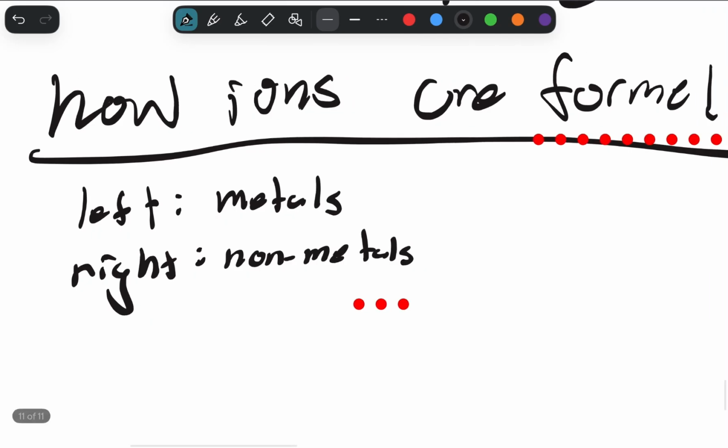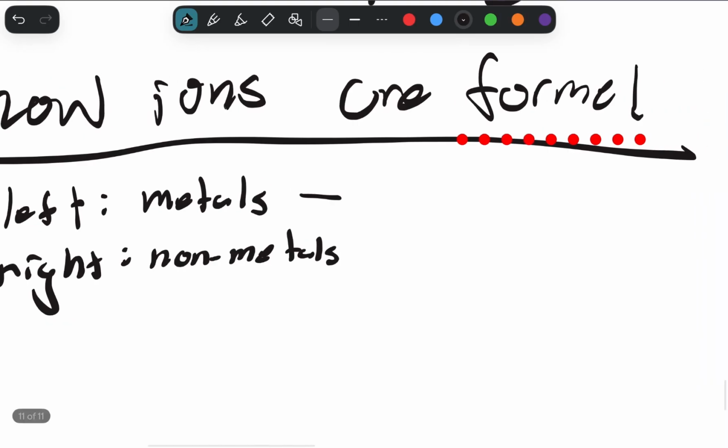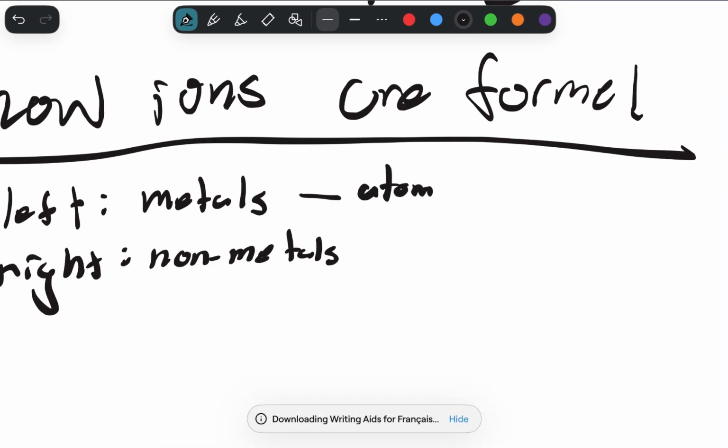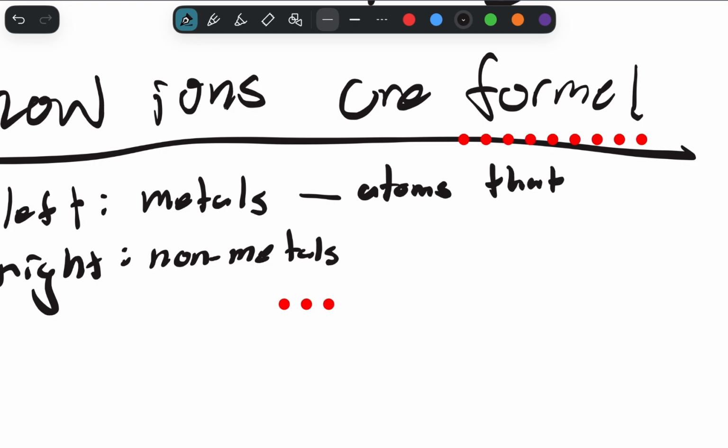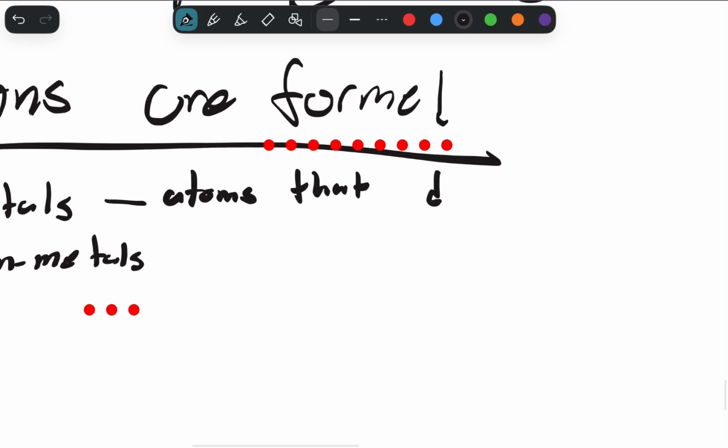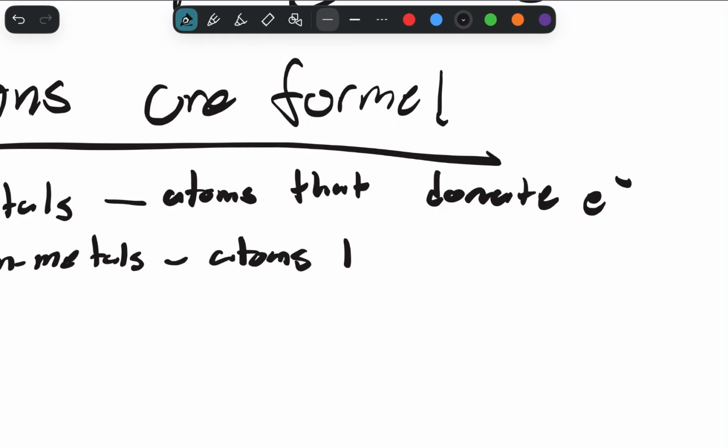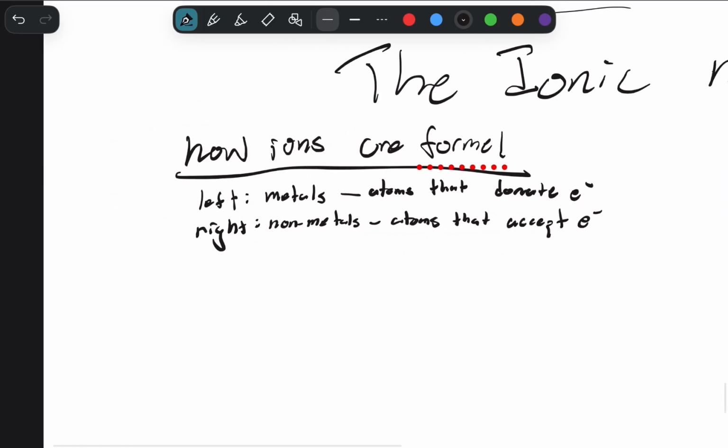And a pretty simple definition that will help you actually understand this is that metals are elements or atoms that donate electrons, and nonmetals are atoms that accept electrons. It's a really general definition. If they ask you, it is probably what you do.